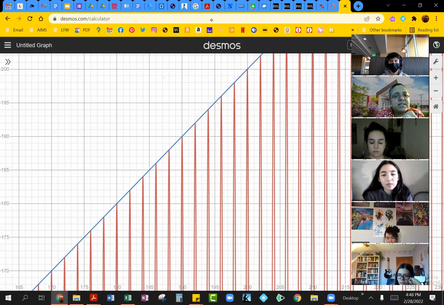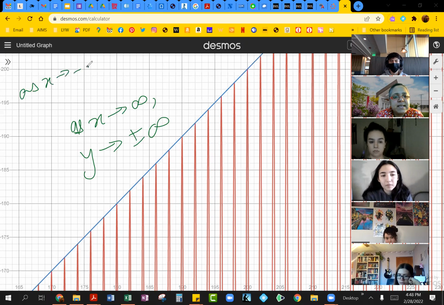So basically, I would say as x approaches infinity, y approaches both positive and negative infinity. And same thing as x approaches negative infinity, y approaches both positive and negative infinity because of that x shape that's coming from that positive x, negative x.